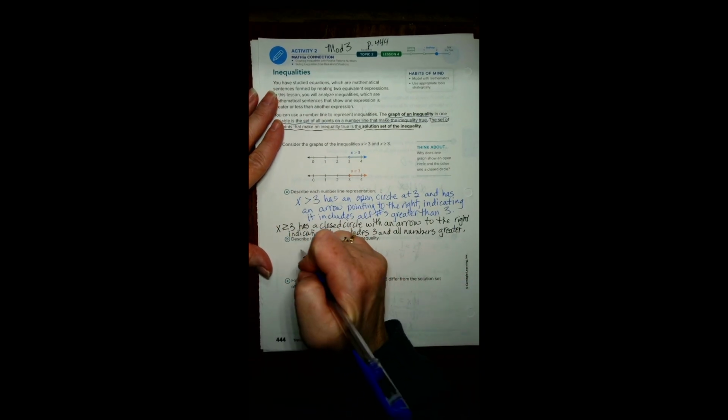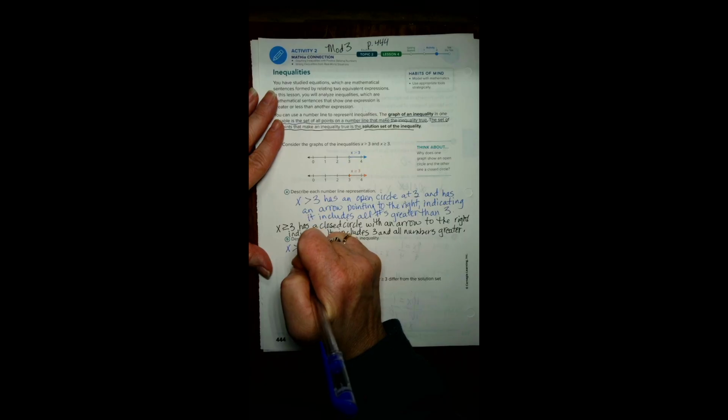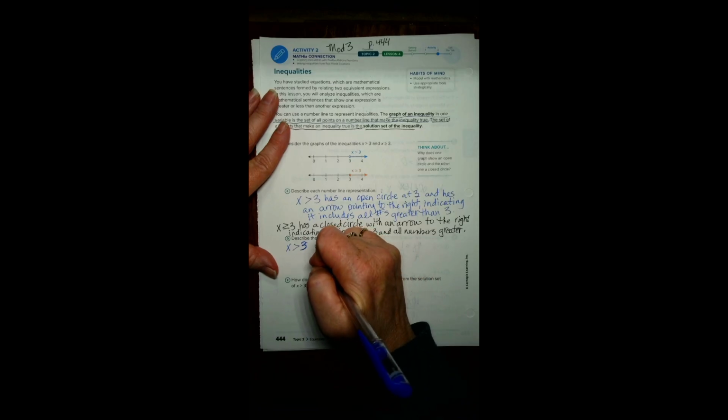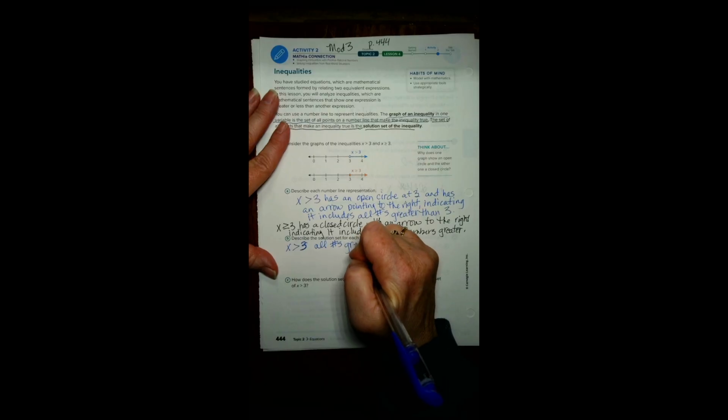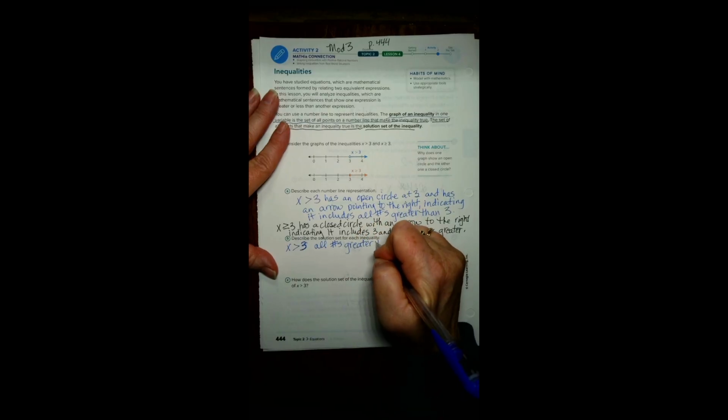It says describe the solution set, and we kind of did that. We're going to do it a little bit more. So x is greater than 3 would be all numbers greater than but not including 3.